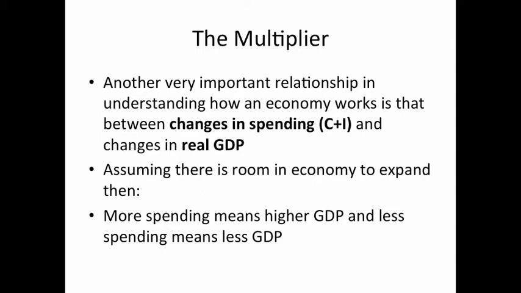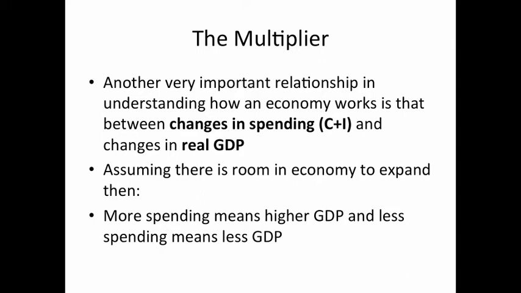So hi again, everybody. As I mentioned in the previous presentation when we looked at consumption spending and investment spending, this part of the chapter that refers to the multiplier and the multiplier process, I tend to leave on its own because it's a very important part of our analysis.